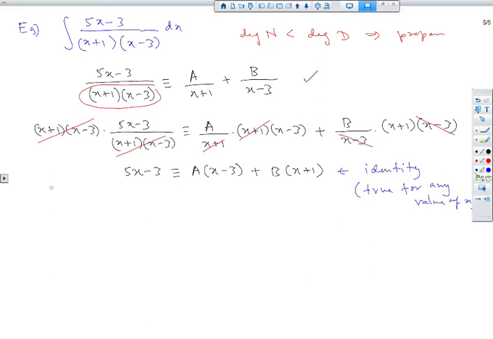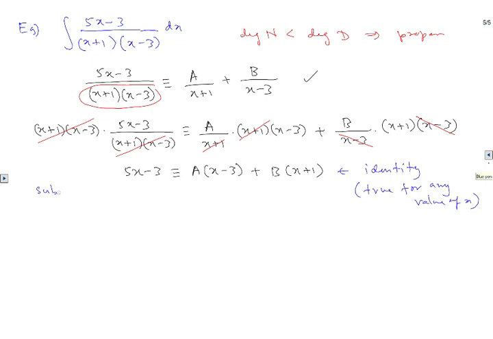So we substitute. Let's say you want to find A, so you want to make the other term 0. That means you plug in x equal negative 1. Let's see what happens. It is 5 times negative 1 minus 3 equal A times negative 1 minus 3 plus B times negative 1 plus 1.